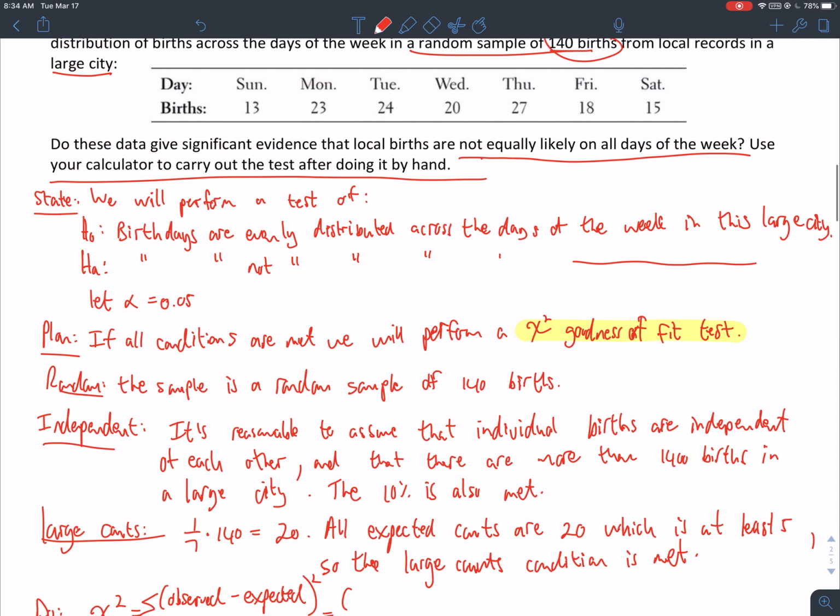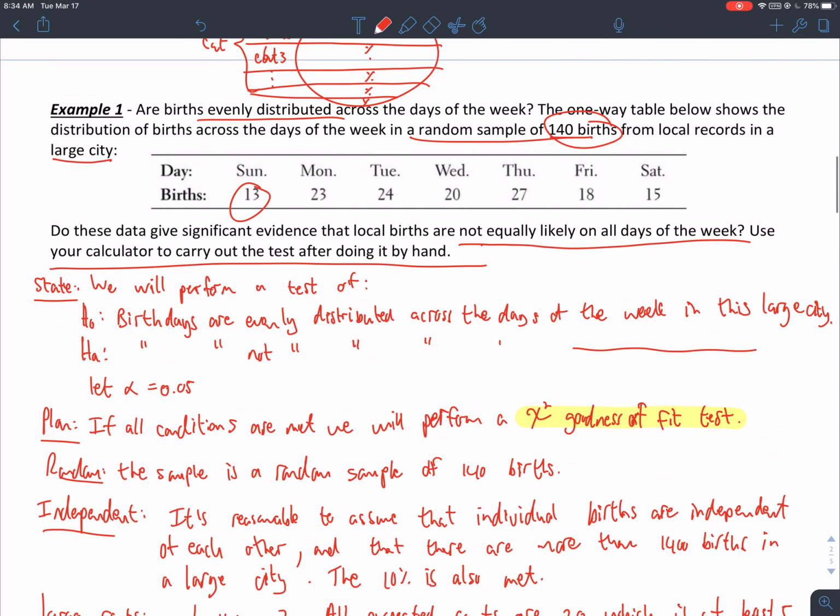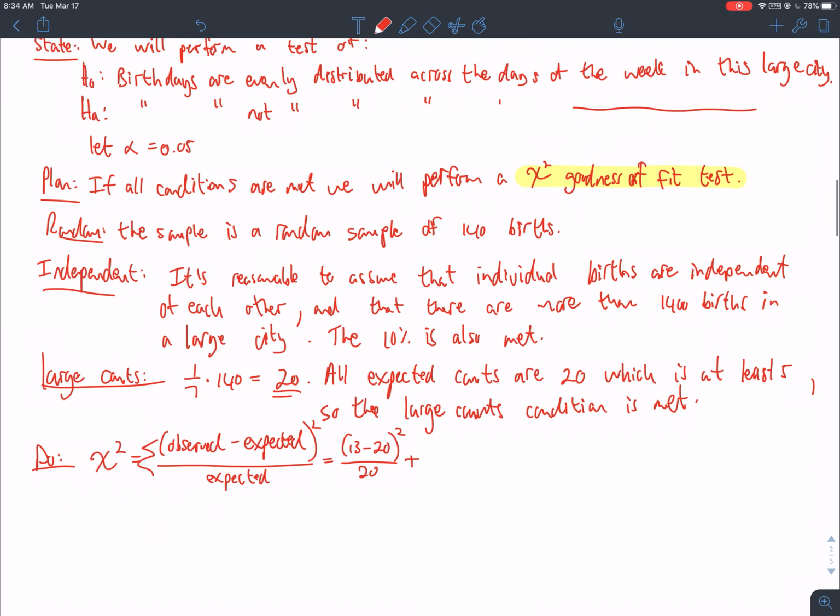Okay, so we can fill that in. We take my first observed, which is 13, minus my expected count, which we said is 20, okay, squared all over expected. And this is actually very simple because all the expected counts are the same. So then I do 23 minus 20 squared over 20 plus.